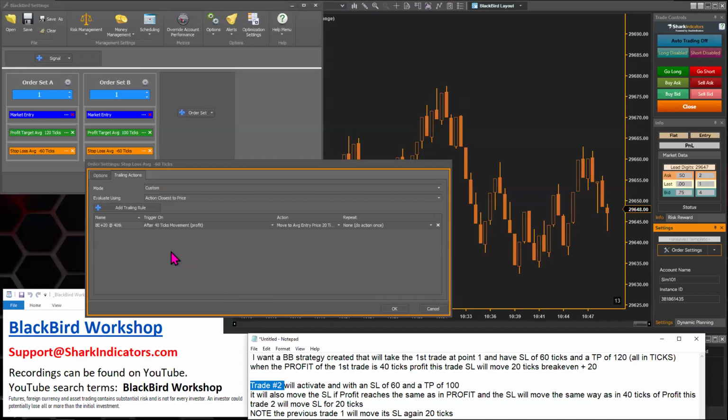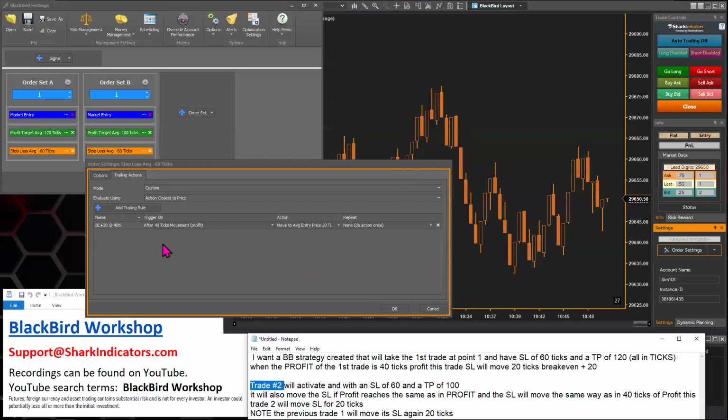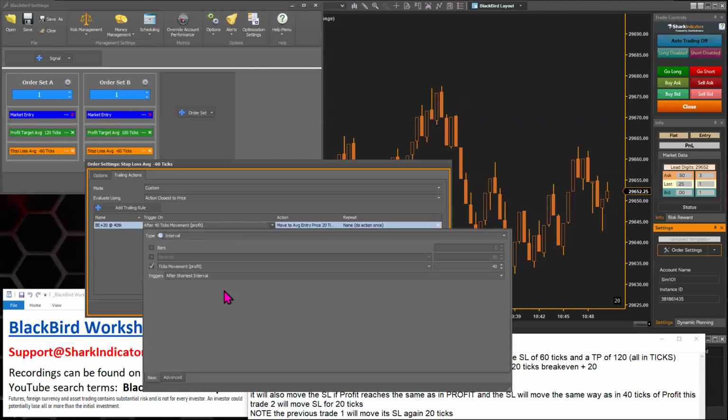So the only thing that Blackbird has access to is the P&L of the entire trade, right? P&L of the entire trade. So for order set B here, we're going to have to use something different here.